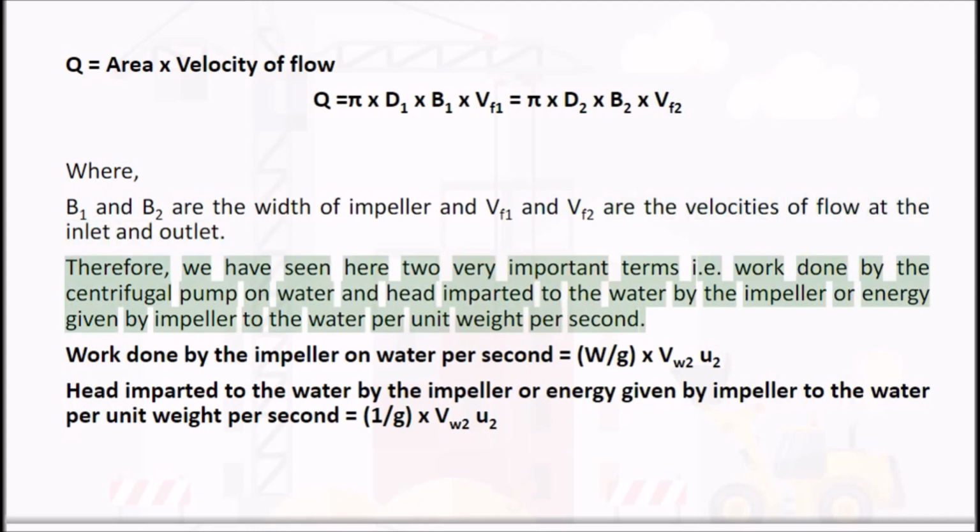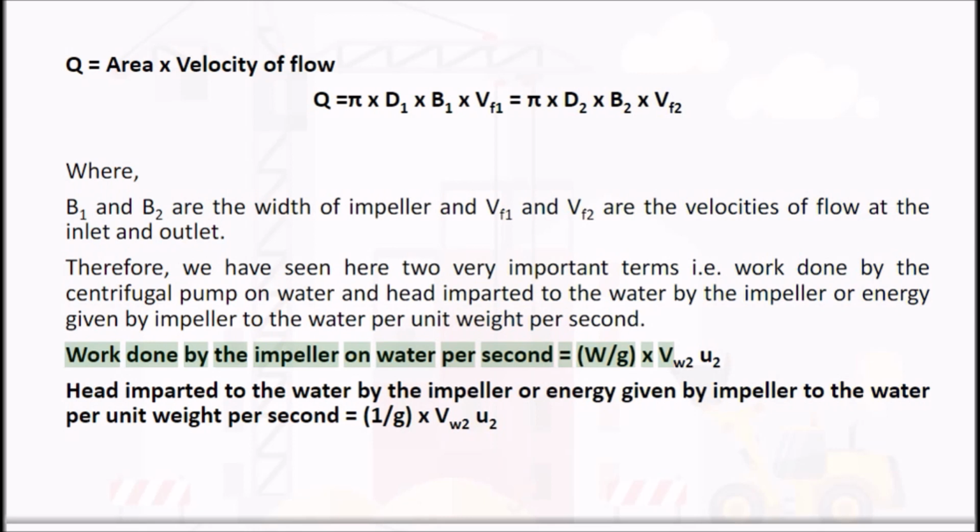Therefore, we have seen here two very important terms, i.e. work done by the centrifugal pump on water and head imparted to the water by the impeller, or energy given by impeller to the water per unit weight per second. Work done by the impeller on water per second equals W/g x V_W2 U2.